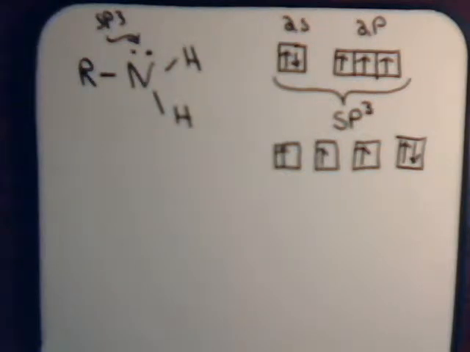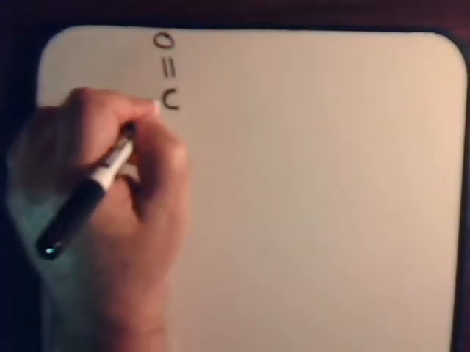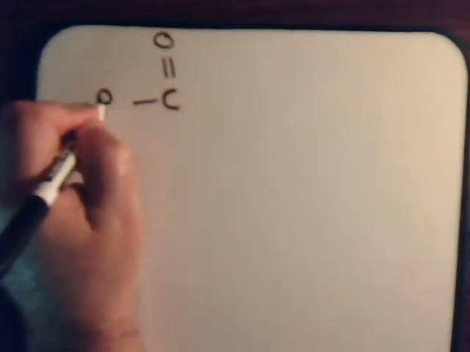Now, let's compare and contrast amines with amides. With amides, we have this kind of structure. Just drawing a generic one. Carboxyl group, or a carbonyl, connected to some functional group.